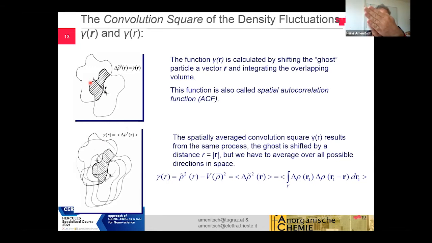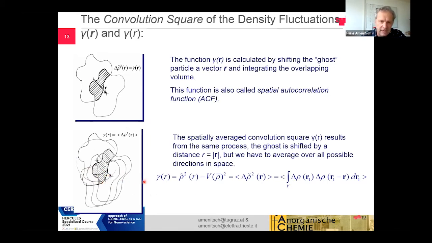So you can move this around, and you can calculate the different overlap integrals in different directions. What is now important is that you have to take the rotational average, because usually your samples in solutions are not ordered. So you have to take the rotational average, and then you lose a lot of information.